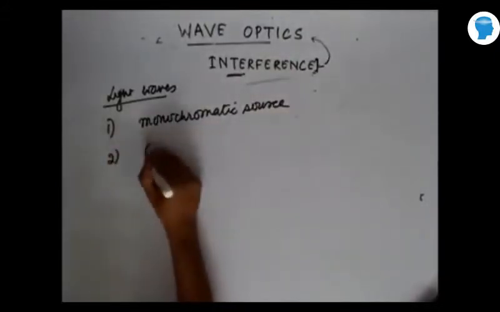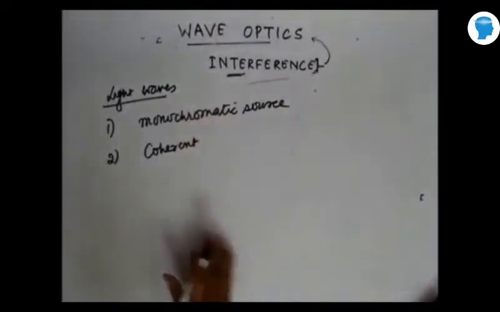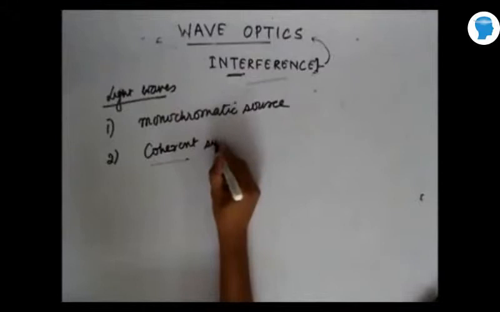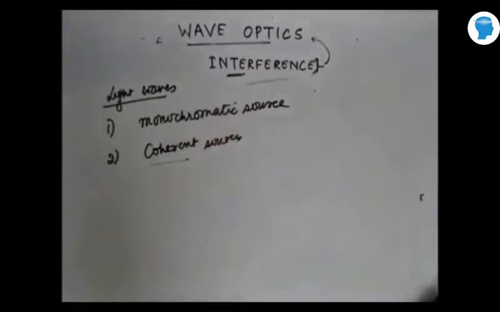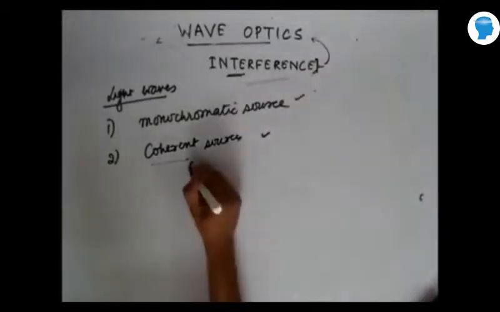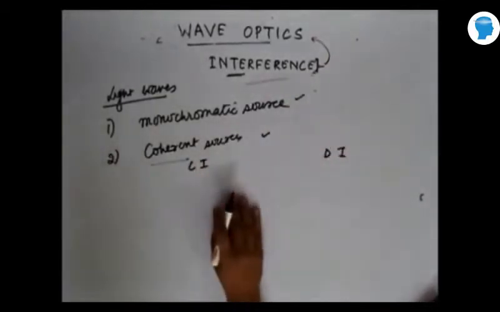Second thing is that the two sources should be coherent. The two sources should be coherent because we want a constant phase relationship between the two waves. Okay. Now, when these two conditions are satisfied, we get constructive interference and destructive interference occurring.